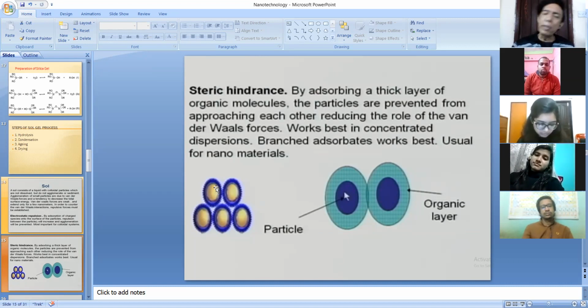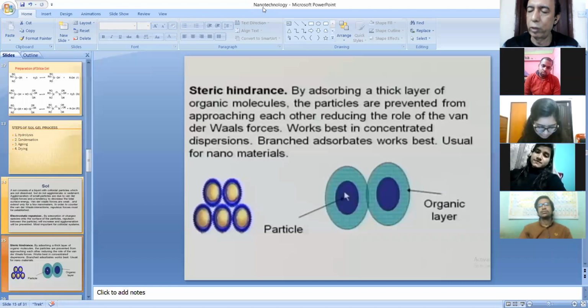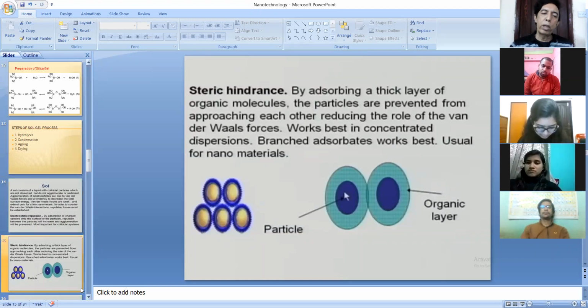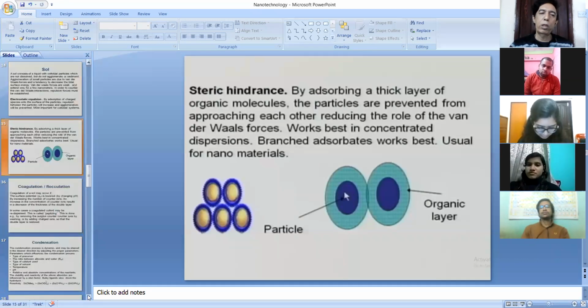So this is another type of procedure where the nanoparticles are separated by themselves. So the production of sol is very much important to prepare by this sol-gel method.